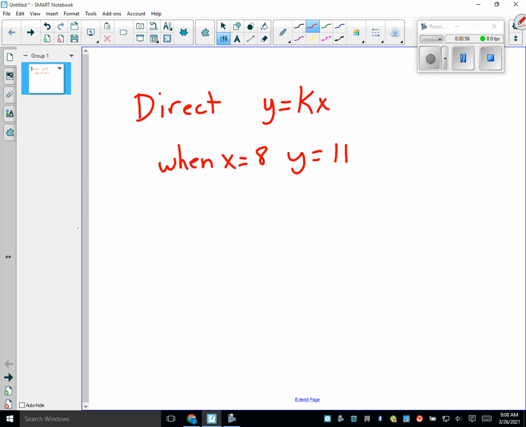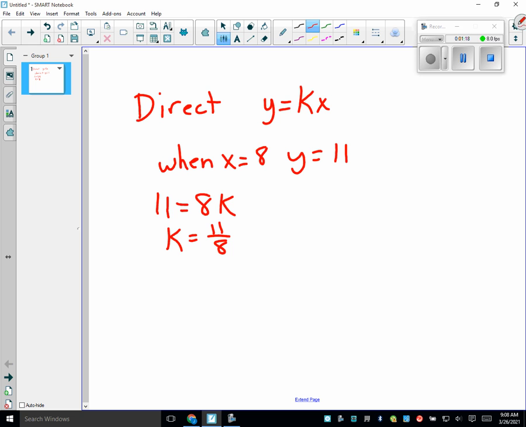So, doesn't that mean 11 equals 8k? What is k? 11/8. That is called the constant of proportionality, is what they call it. It's the constant. Find k.